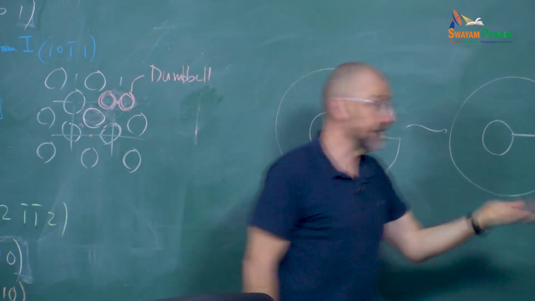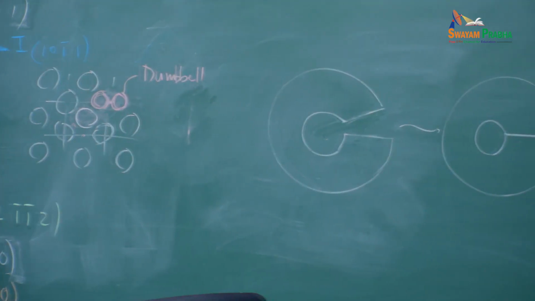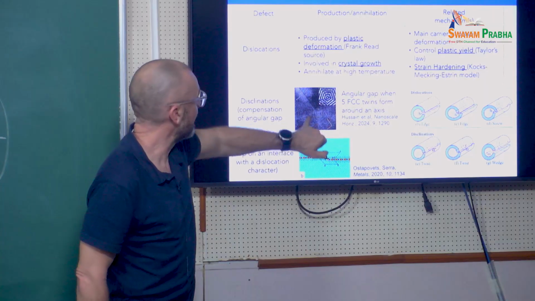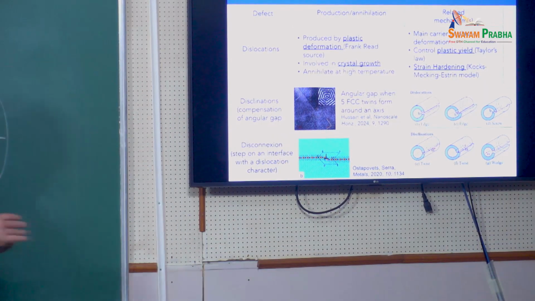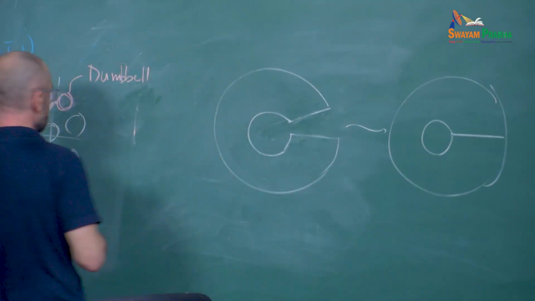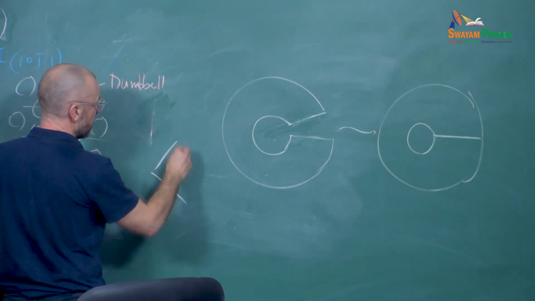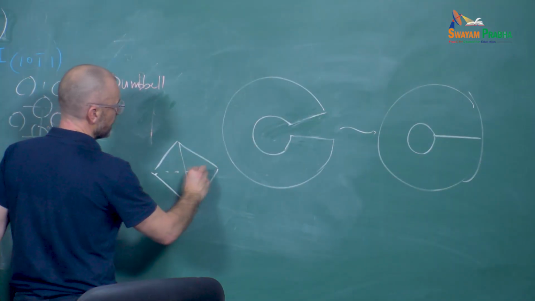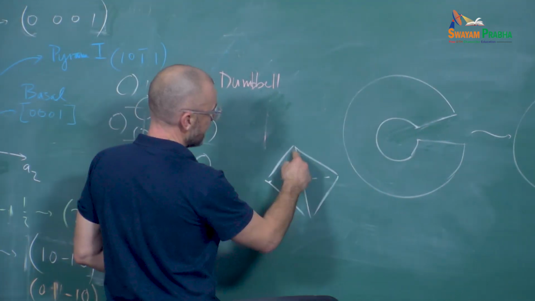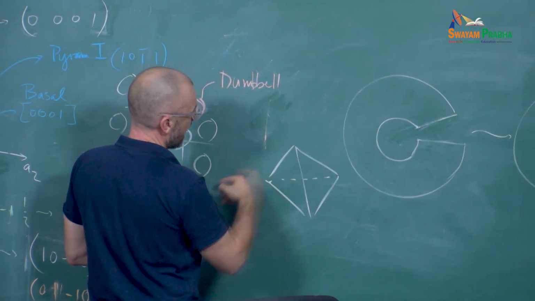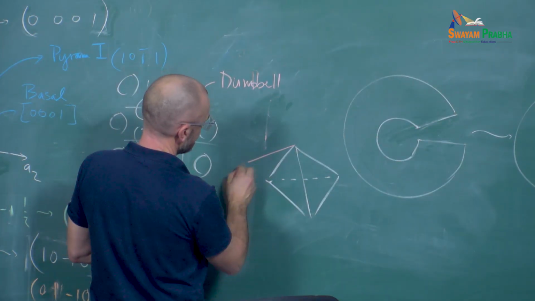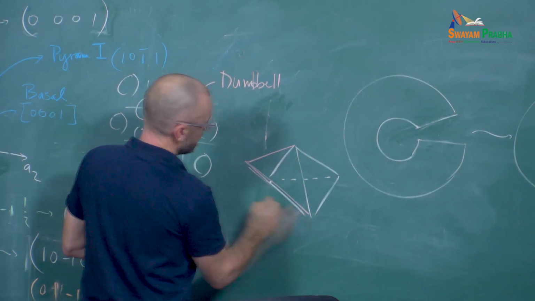The typical example that we see often experimentally is what I call the penta twin. It takes me into a lot of details, but remember we talked about the FCC crystal, and we talked about this tetrahedron of the 111 planes. Now imagine I take one of these tetrahedra, then I glue on this face another tetrahedron. So that would look like this.